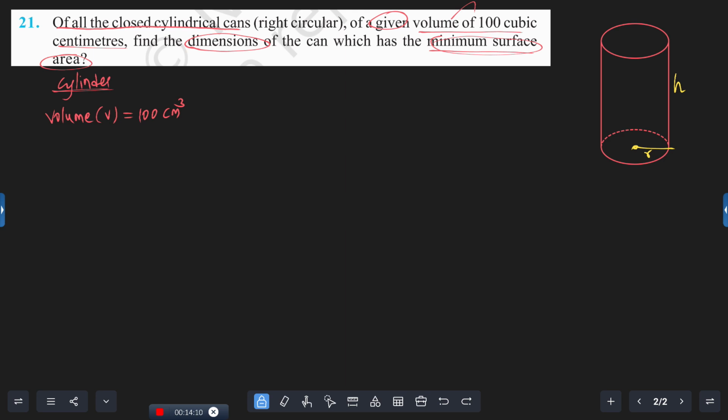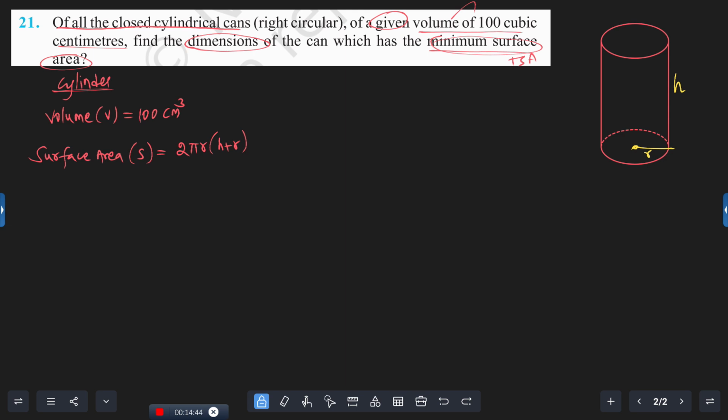Surface area means TSA. Generally surface area is TSA. So S is equal to the surface area of a cylinder: 2 pi R into H plus R. This one I have to differentiate because they have mentioned the minimum.